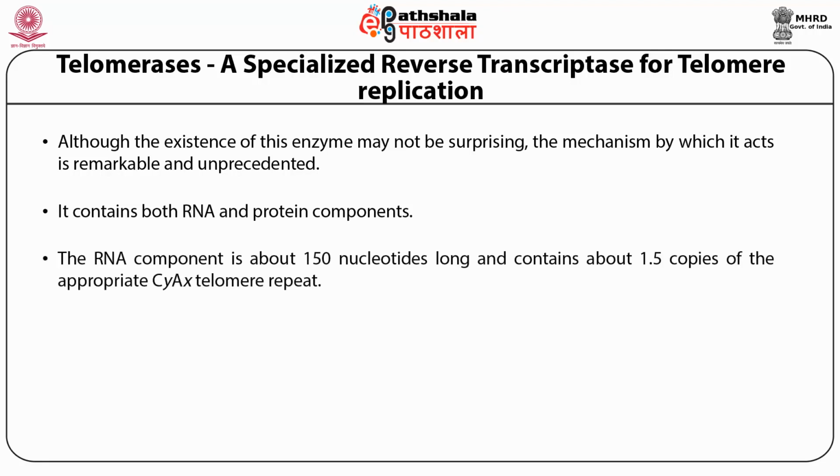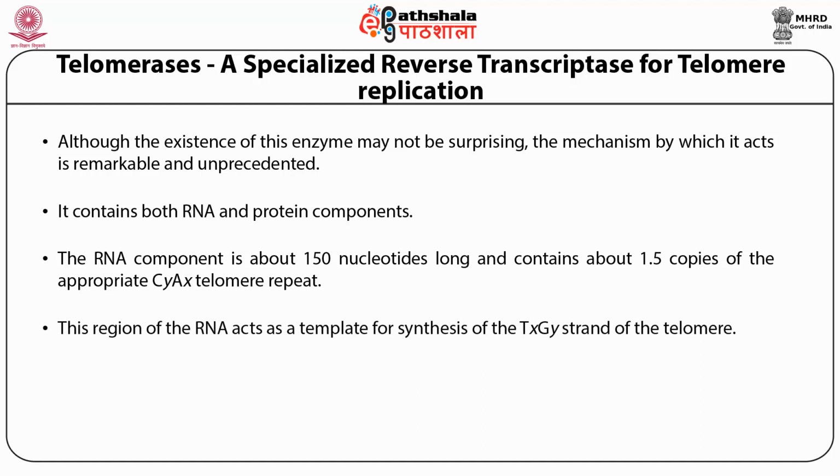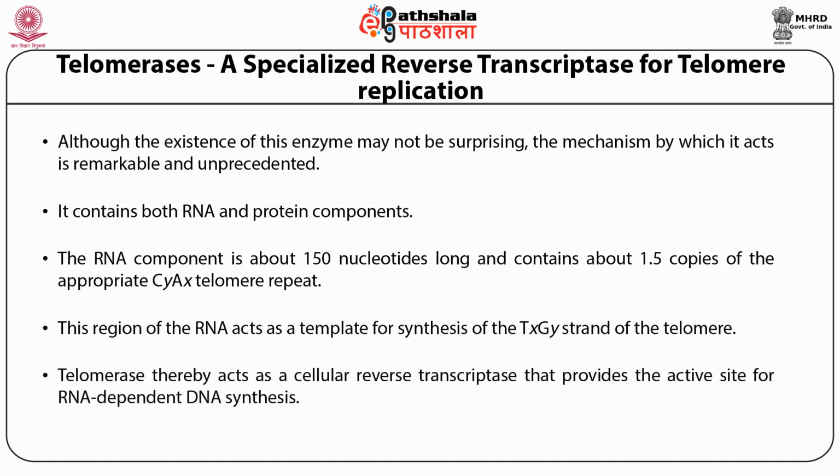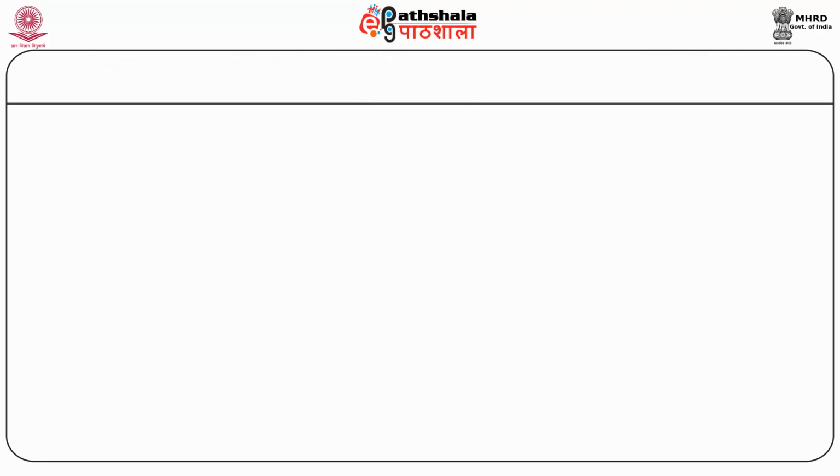The RNA component is about 150 nucleotides long and contains about 1.5 copies of the appropriate CA telomere repeat. This region of the RNA acts as a template for synthesis of the TG strand of the telomere. Telomerase thereby acts as a cellular reverse transcriptase that provides the active site for RNA-dependent DNA synthesis.